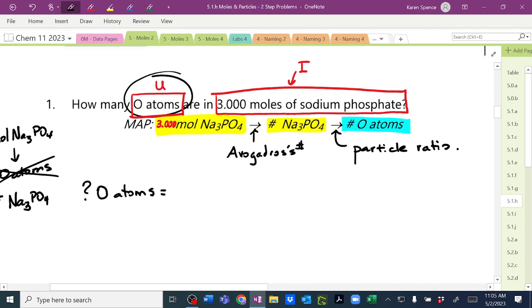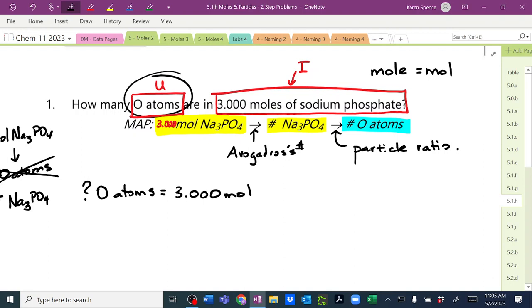Well, we are starting with 3.000 moles. Now remember, the abbreviation for mole is MOL. We take off that one letter and we've shortened it so much. Okay, so mole is abbreviated as MOL, so it just means the same thing.